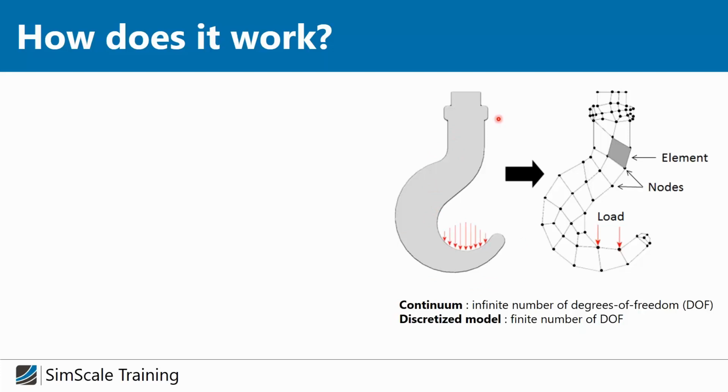So what do we do instead? We replace our model with a discretized model which is based on a finite number of degrees of freedom, which means instead of considering or analyzing every point in the structure, we are just calculating what is happening at some defined points, our degrees of freedom.